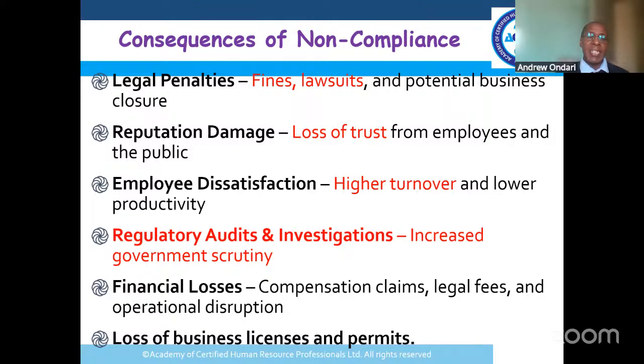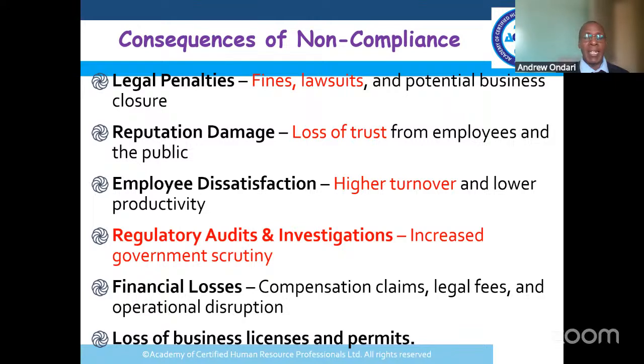So again, this is an example of non-compliance where you may have your licenses and permits suspended or even terminated completely because of non-compliance.